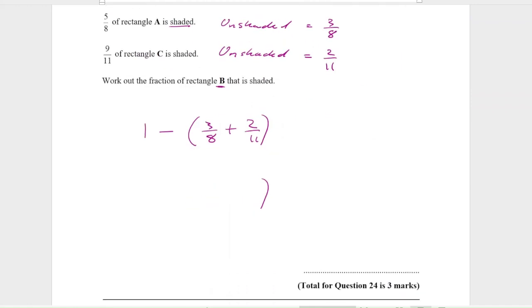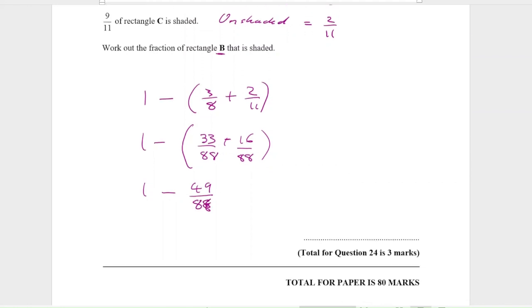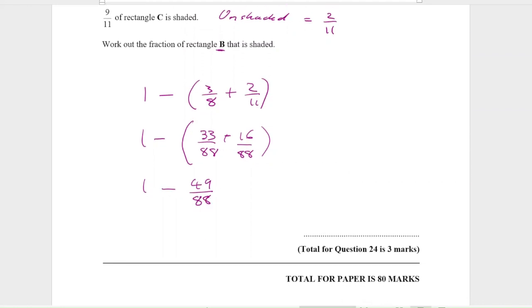So I'm going to work out that fraction first of all. So it's going to be 1 minus, and then they need to go to the same denominator of 88. So I times the first one by 11, times the second one by 8, and then add them. So it's going to be 1 minus 49 out of 88, which is going to be equal to 39.